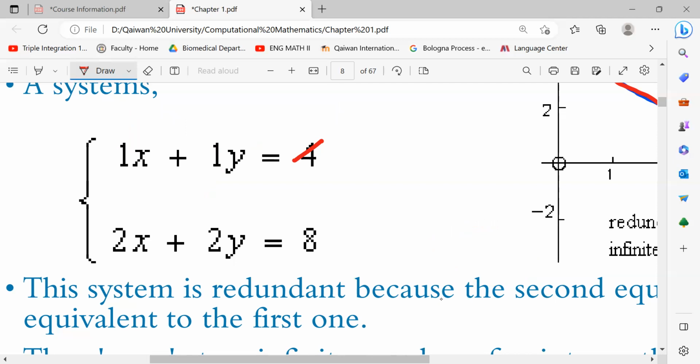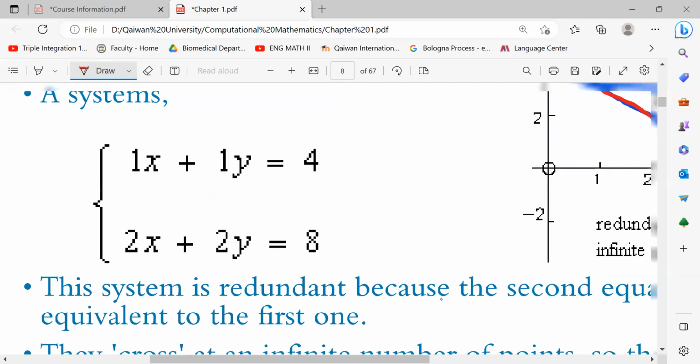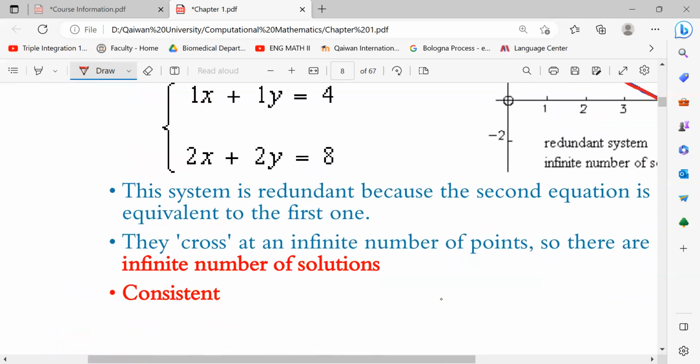So we say the system has infinitely many solutions. Even in this case, we say it's consistent. If we have one solution or infinite solutions, the system is consistent. But if we have no solution, the system is inconsistent.